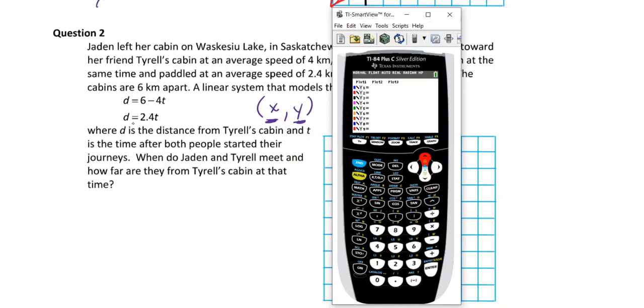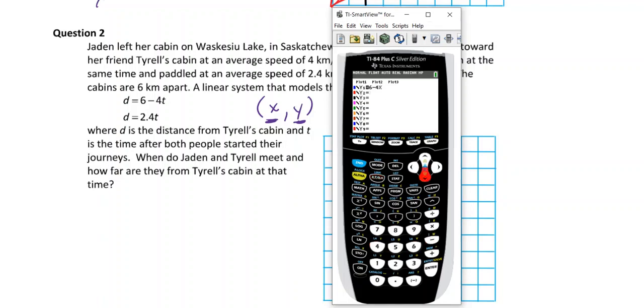So now this one is D and T, right? But on my calculator, it wants X's and Y's. That's fine. Just imagine that your T is an X. So we can type it in just like this. We don't even need to actually write it in the y is equal to mx plus b form. I can type it in as 6 minus 4 X. Okay, and that should be good.